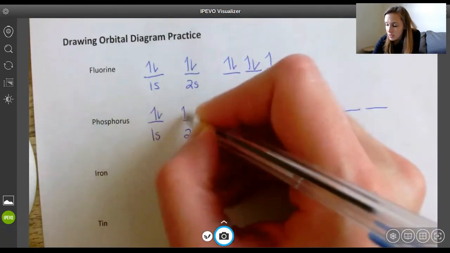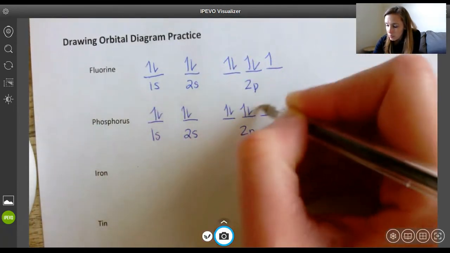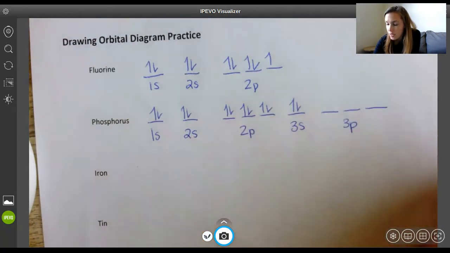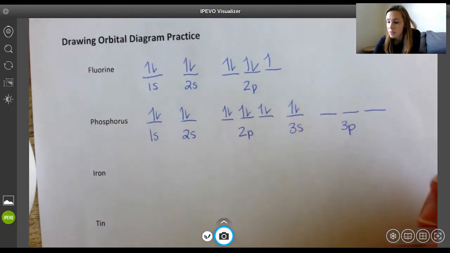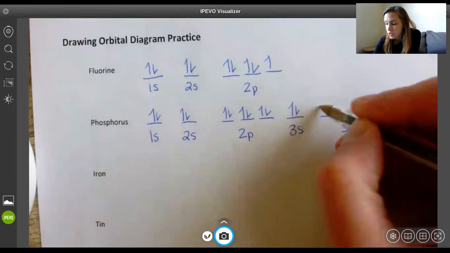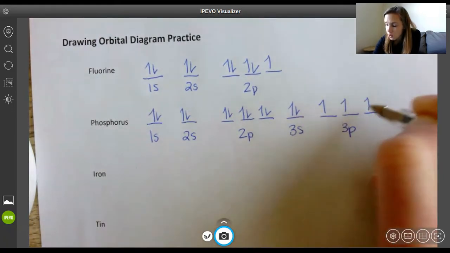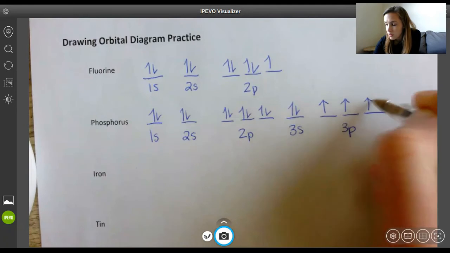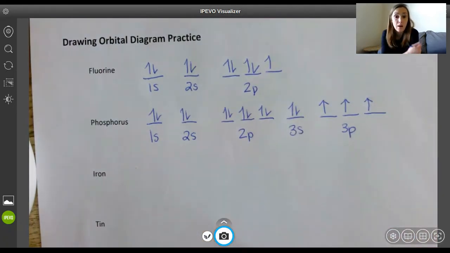So I know until I get to 3p that these are all going to be filled completely. Okay, now I have 3 electrons in 3p, and this is where we need to make sure that we're following Hund's rule. So those 3 have to go into individual orbitals, and I happen to have them all spinning up. Okay, so that would be our phosphorus one.